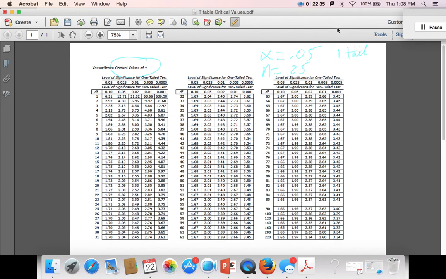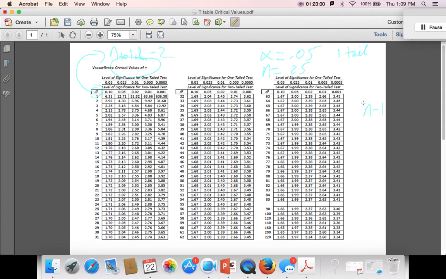Now here, you guys are just going to have to trust me on this for now, and we're going to talk a little bit about this later on. But here you'll notice that we have degrees of freedom. This corresponds to our N total minus 2, okay? Degrees of freedom, remember when we calculated standard deviation, in the denominator we calculated N minus 1.